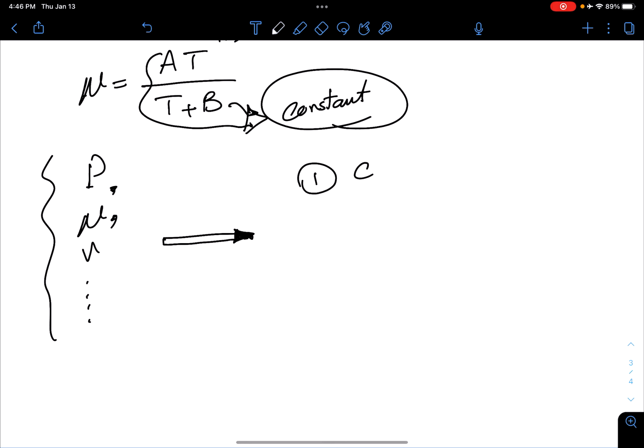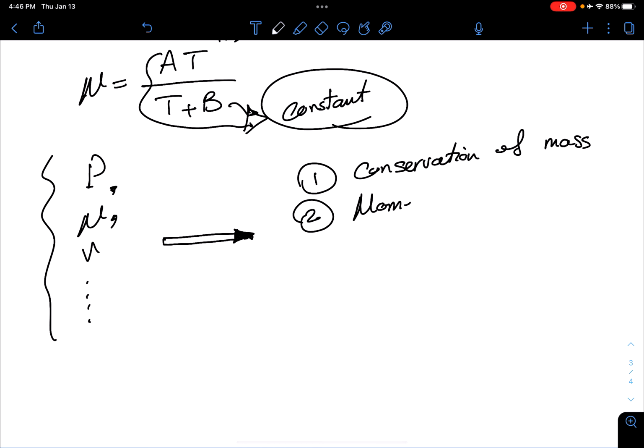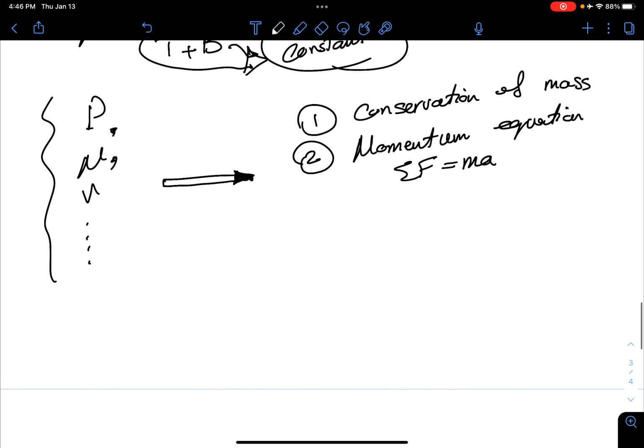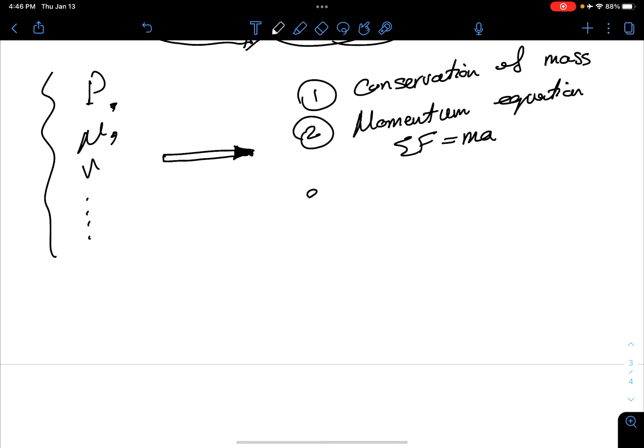And we are going to go over these later, so don't worry if you don't remember them. I know there are some classes that really don't go over this, so don't worry if they haven't gone over this. The momentum equation, which is essentially Newton's second law applied to fluid, as well as the energy equation.